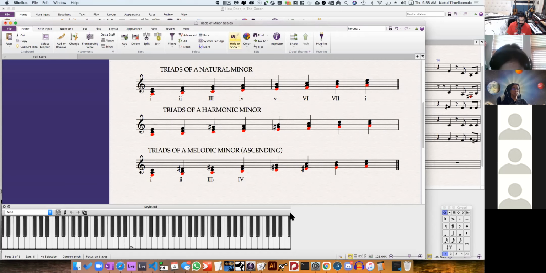But those are major chords. And then if I think of something like this, I guess those are both major chords, right?